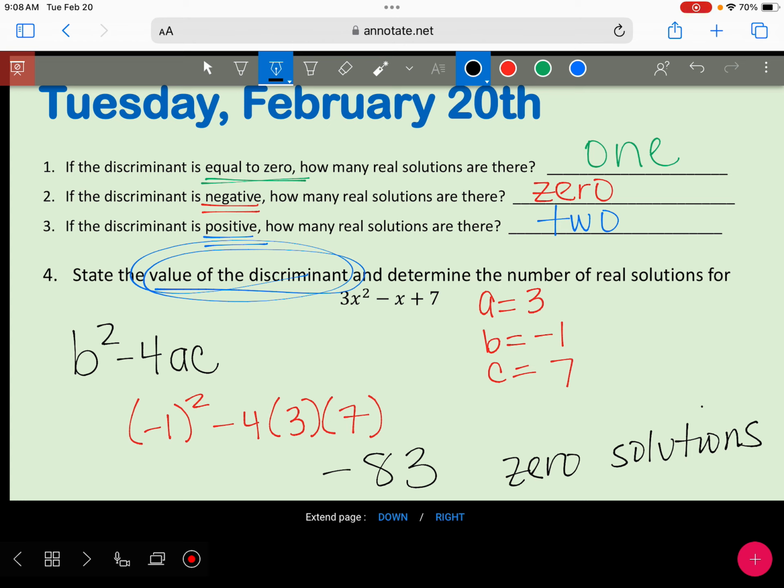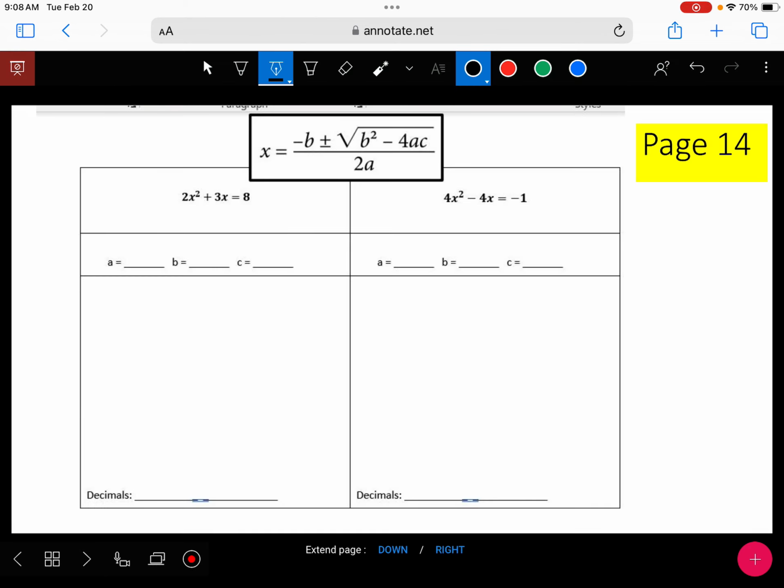All right, I just want to do 2 more questions with you today so we can practice doing the quadratic formula, and then we'll end. So in your notes, let's go to page 14. And we're going to work through a couple of these together. You can write on a separate sheet of paper if you don't have your notes.